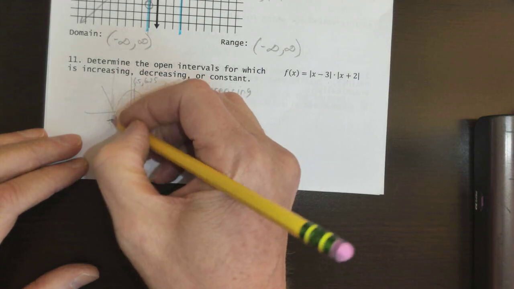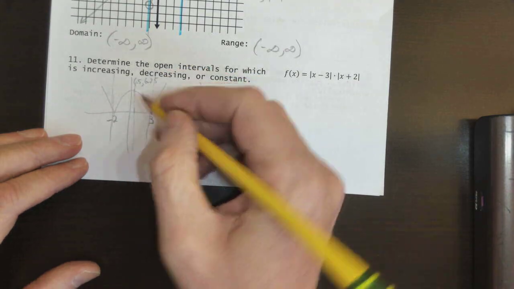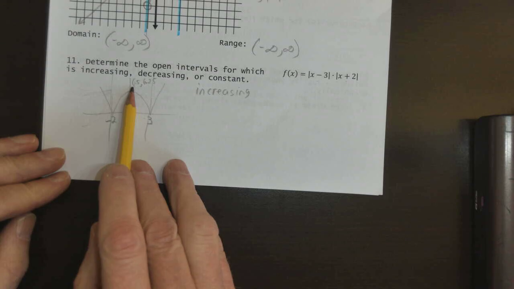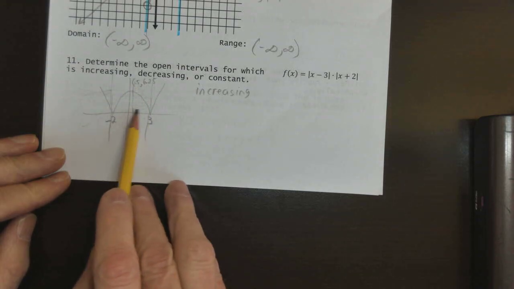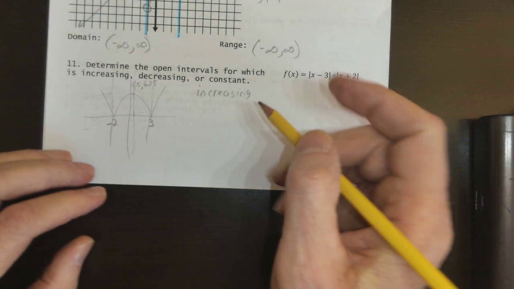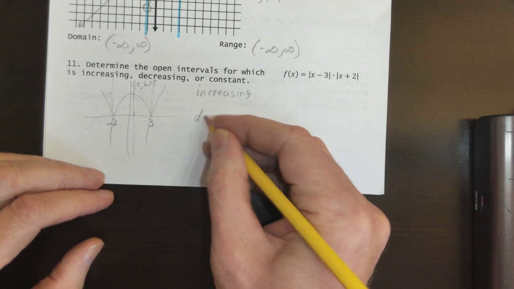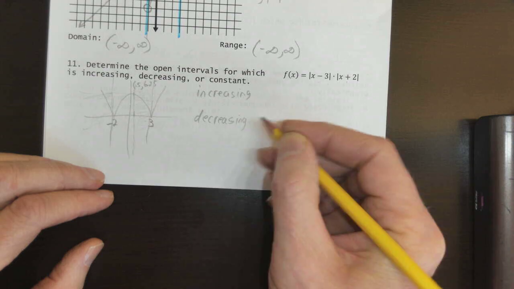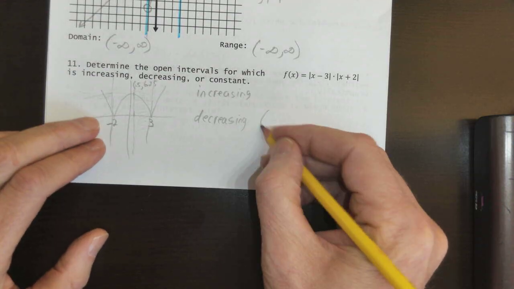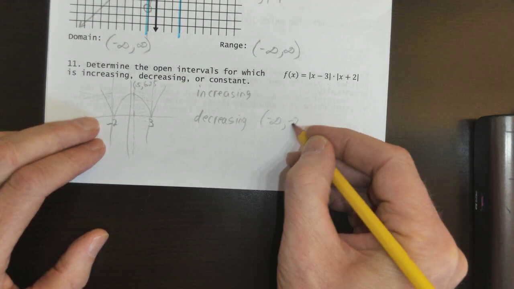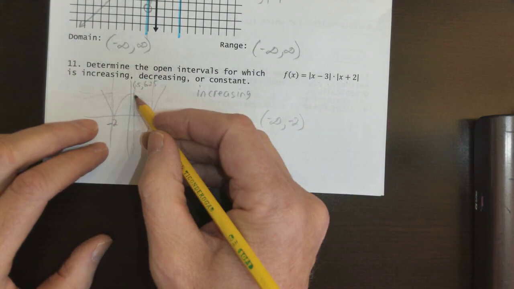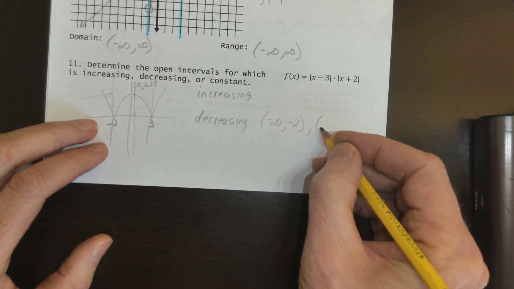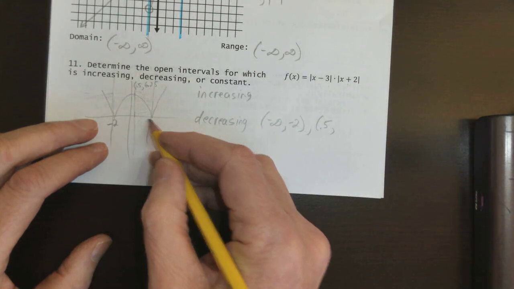Okay, that 0.5 is the value there. So if I split this up, this is a decreasing part at that 0.5. Since I just talked about decreasing, let's write those in first. Negative infinity to negative 2 is a decreasing part, and this decreasing part on x is 0.5 to 3.